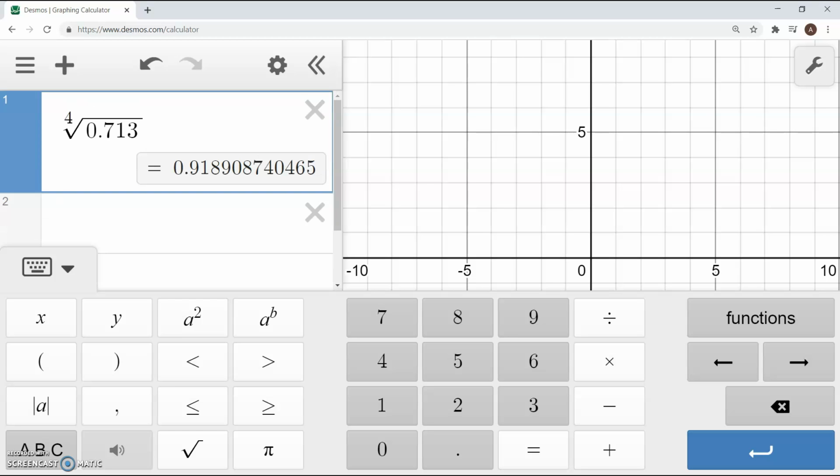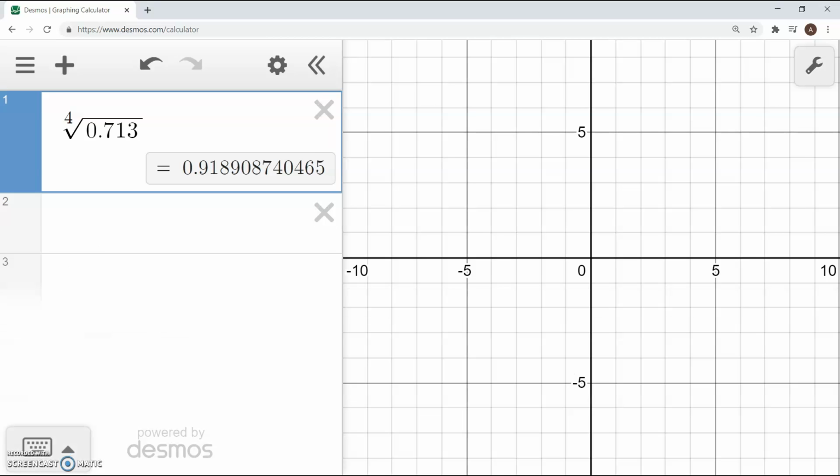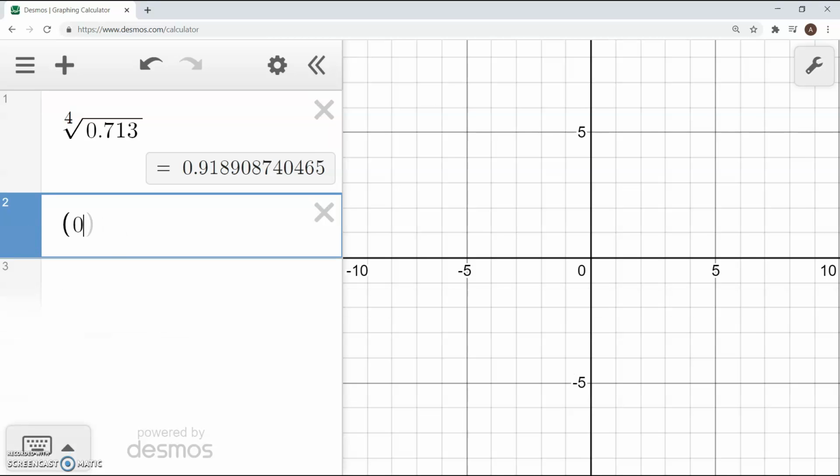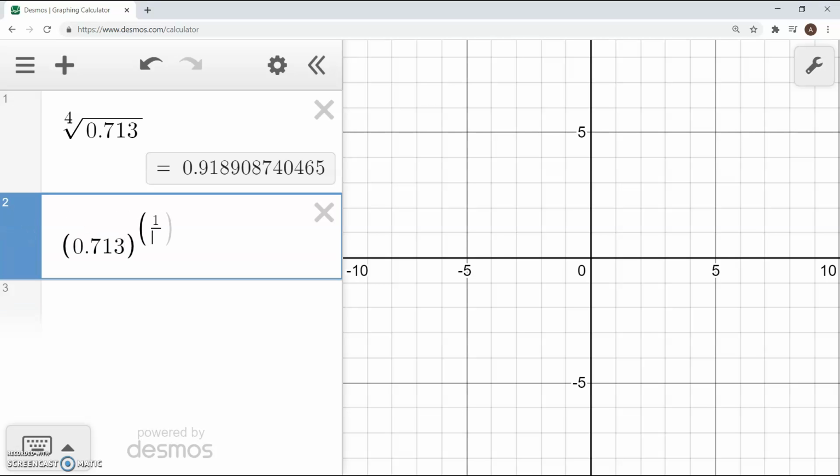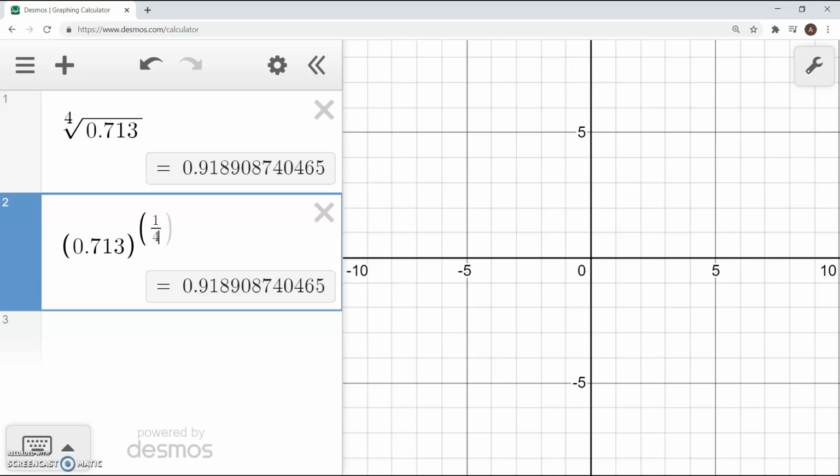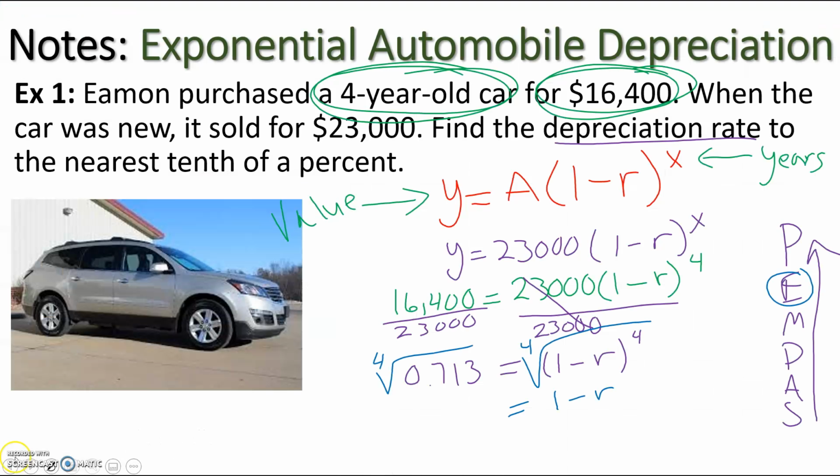Now, if you don't have access to Desmos, an equivalent way to do this is to type in 0.713 and then to the power of 1/4, because mathematically speaking, fourth root and to the 1/4 power are identical. You can see that by looking at the values here. So we're going to get approximately 0.92.